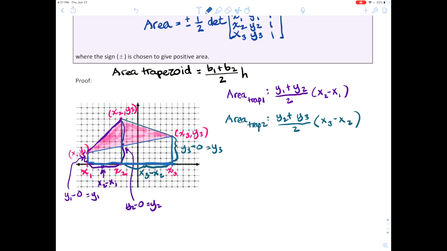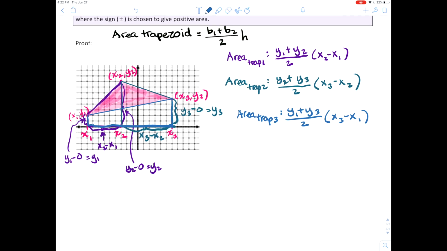Cool. So the area for trapezoid 3 is going to be what? Beautiful. It's going to be y1 plus y3 over 2, and then times x3 minus x1, because it's this whole line that travels from x1 to x3 that is the height. Okay? So, all right, let's check it out now.